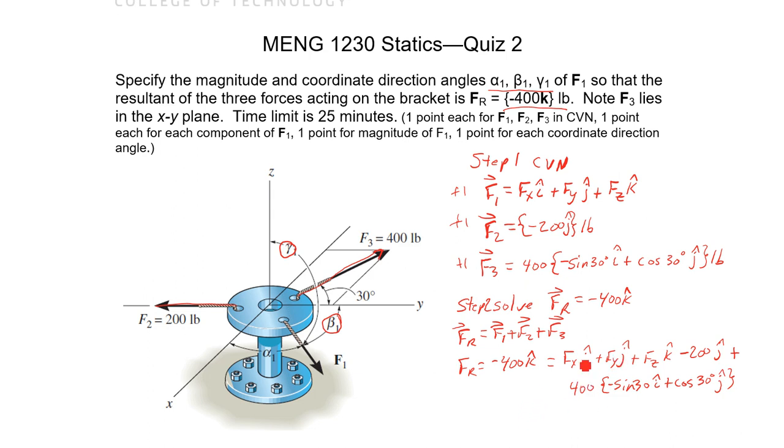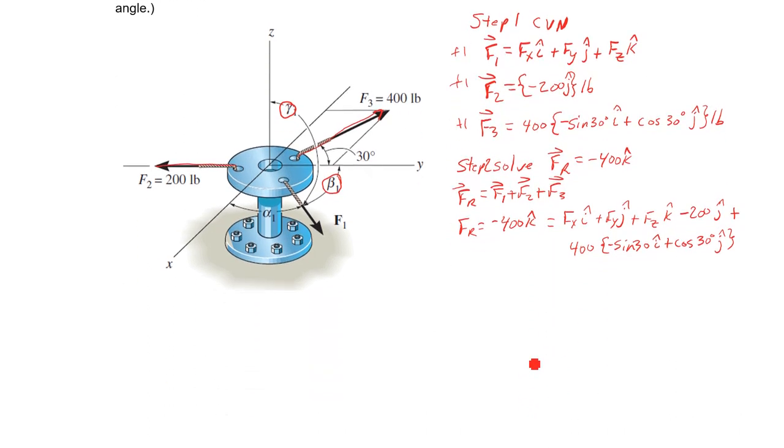Alright, so then we can take that, solve that through. So we have in our k direction, this has to add up, so the only thing acting in k is Fz.